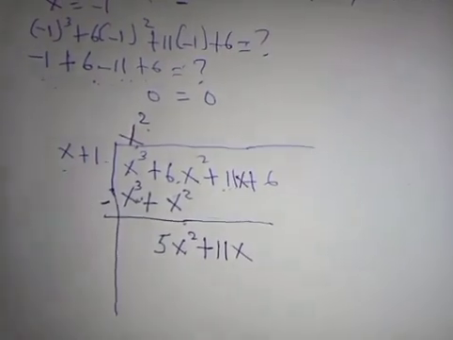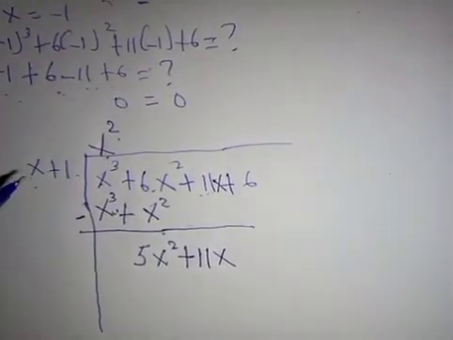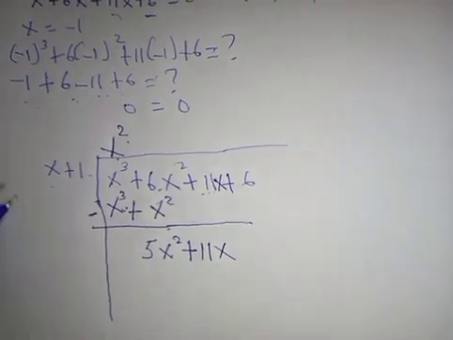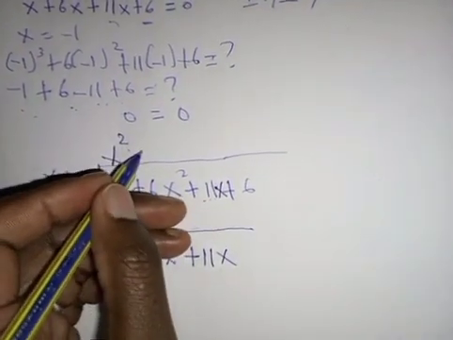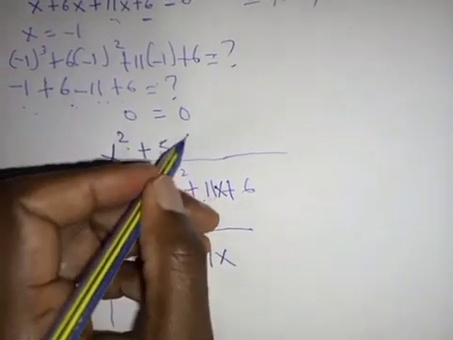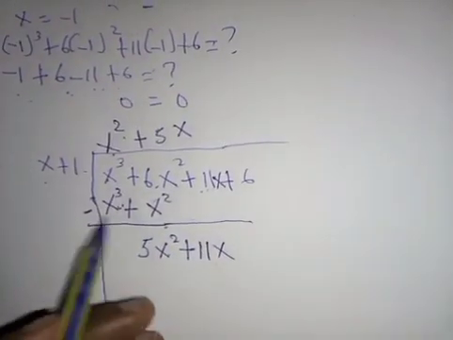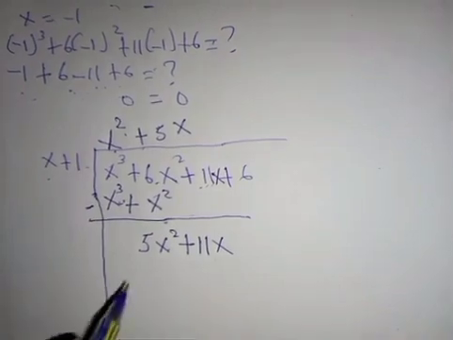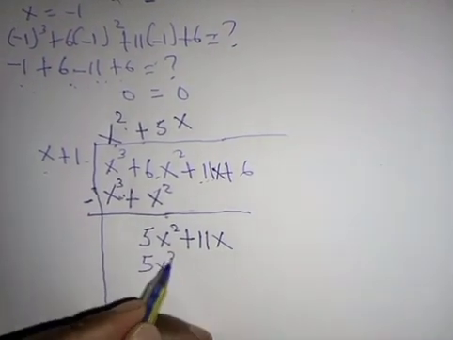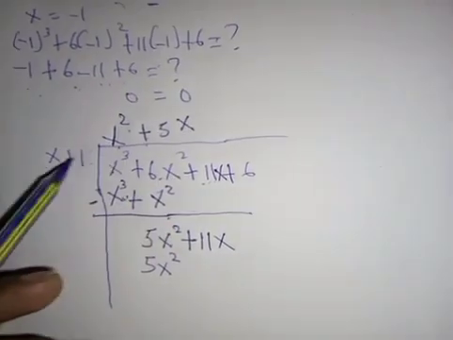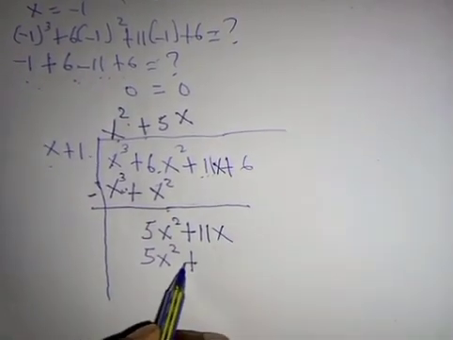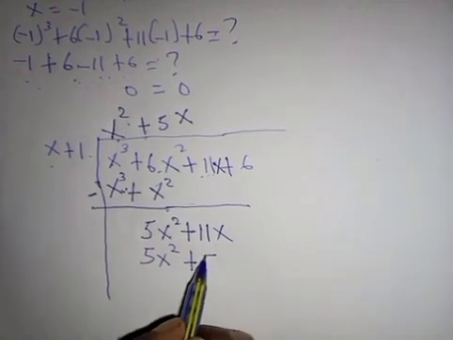So the next thing, you ask yourself, what can you now multiply with this factor here, x plus 1, to get 5x squared? It is plus 5x. So 5x times x will give us 5x squared. 5x times 1 will give us 5x.